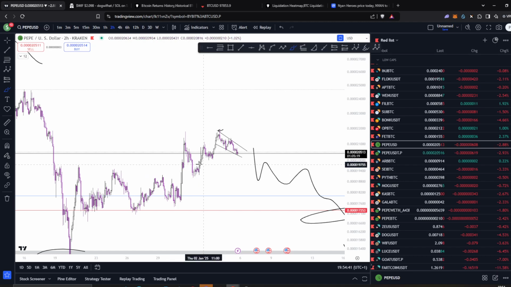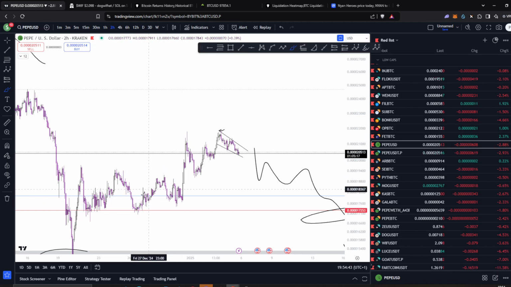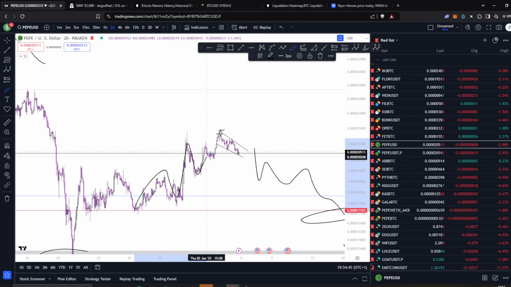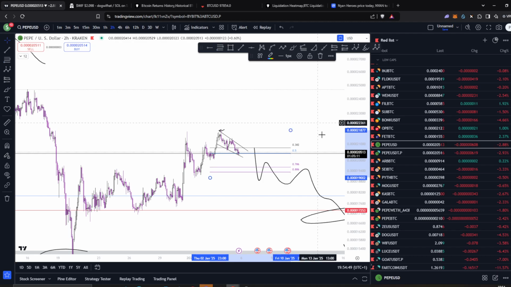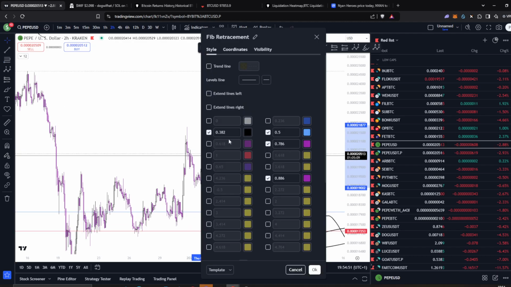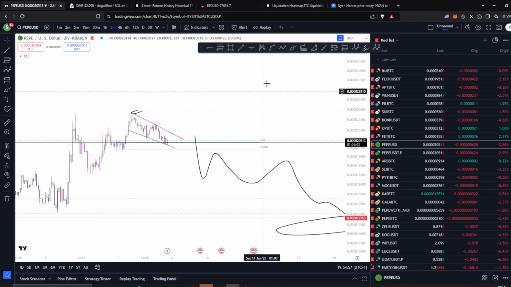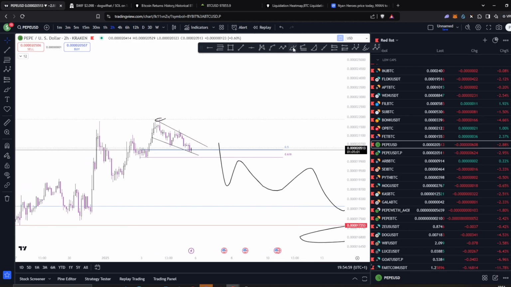And as long as you hold above these lows, basically. If we look at this, 1, 2, 3, 4, 5. Yeah, there's some fibs. As long as you do not tap the 0.618, we can work it out.